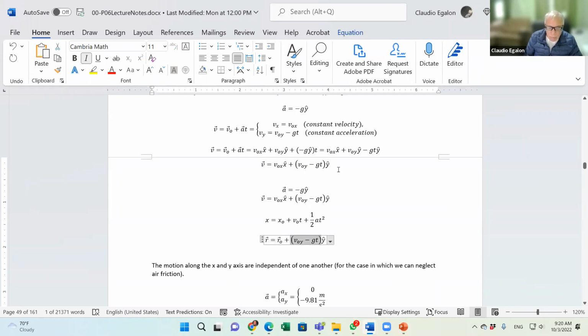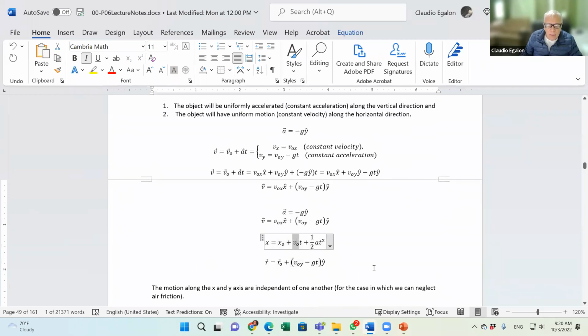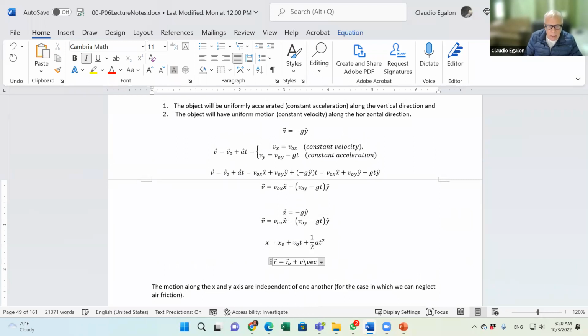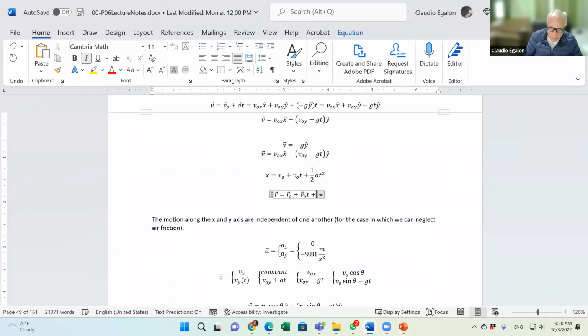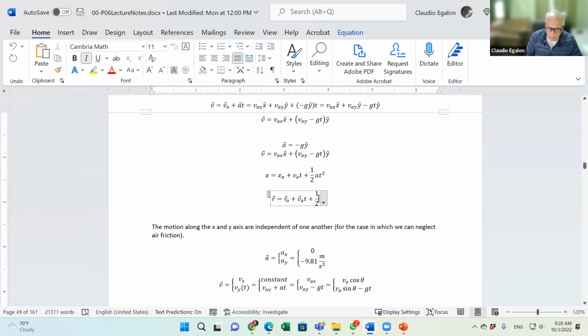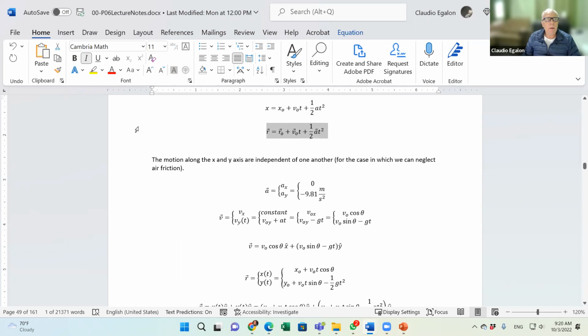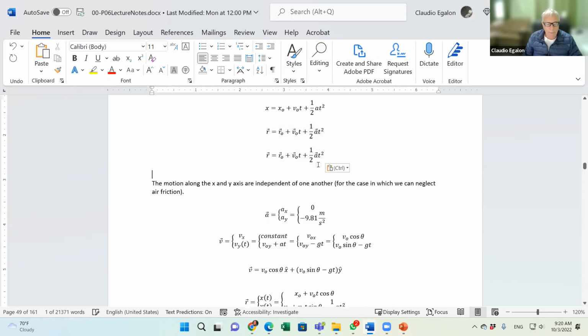We also have the initial velocity in one dimension, which we write as the initial velocity vector. And finally, we have half a t squared. Now it's just a matter of putting the right parameters in there.